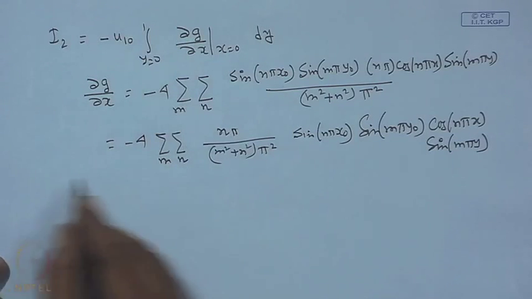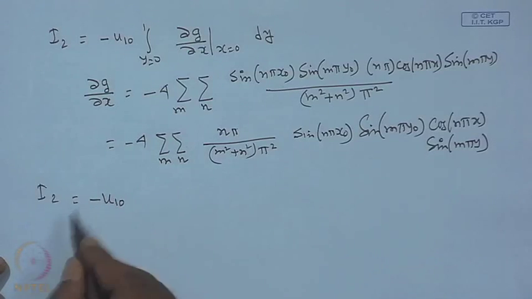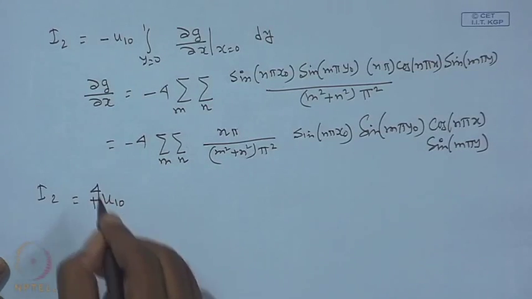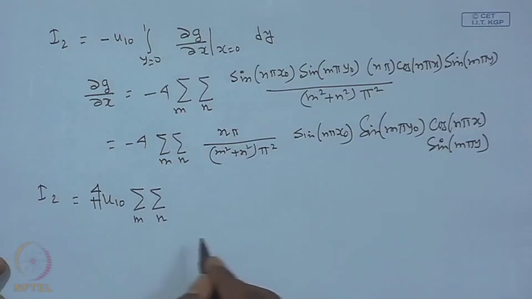So, the integral I2 will be minus u10 times minus 4 double summation over m and n.